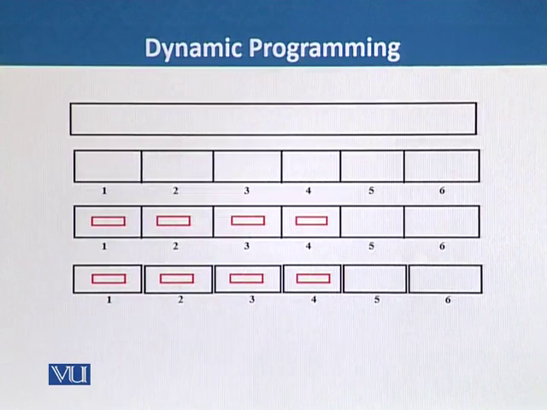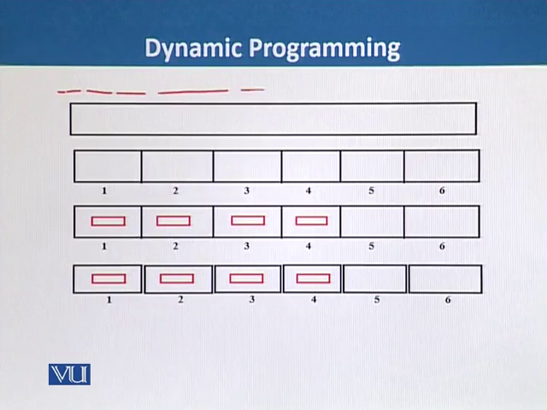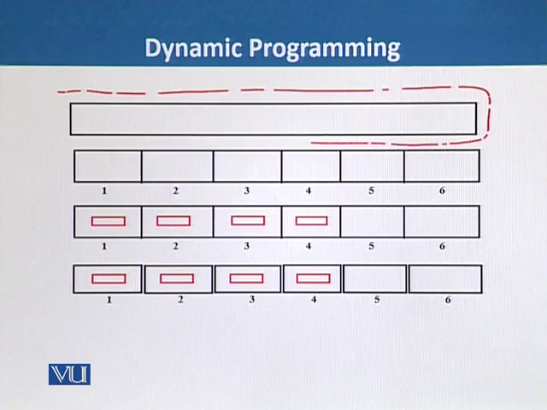Here we can see the graphic representation of a biological problem that will be solved by using dynamic programming. For example, we assume that this block is a problem and we have to find the solution of that problem.